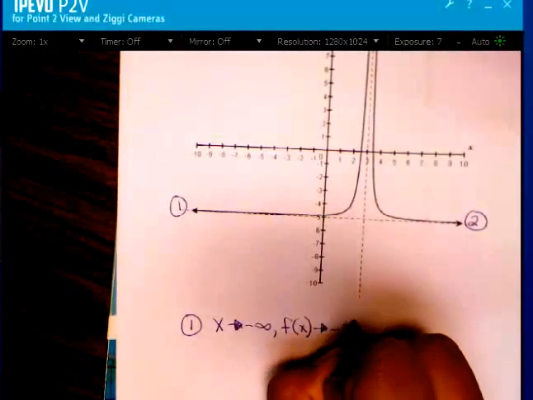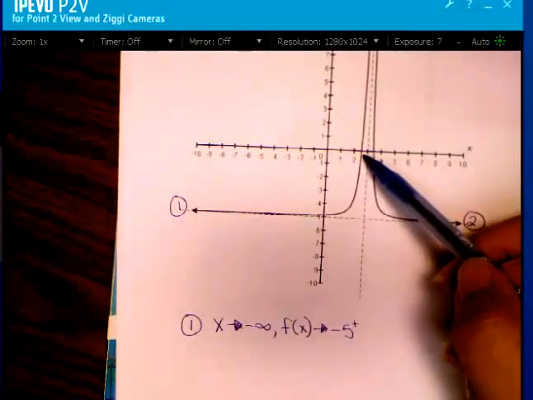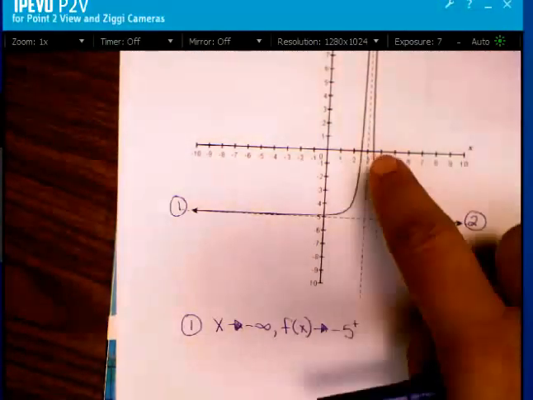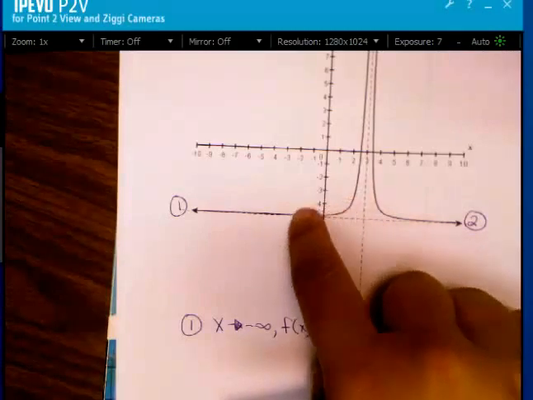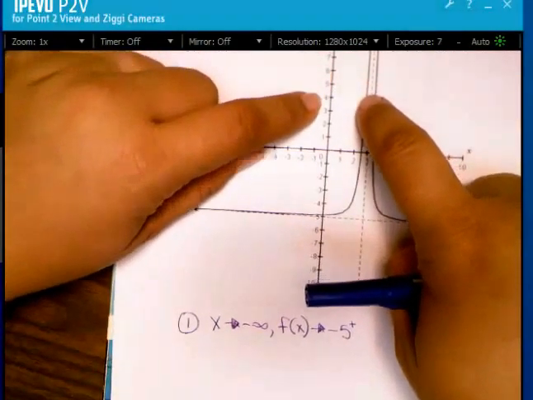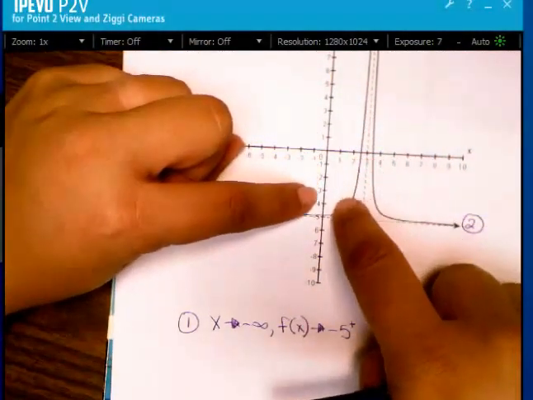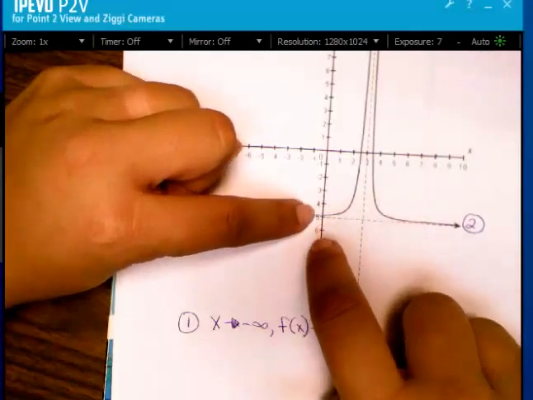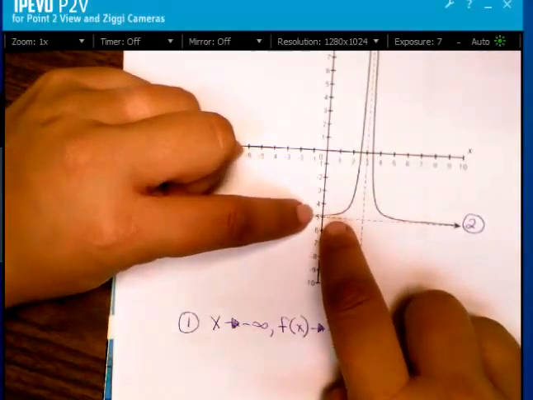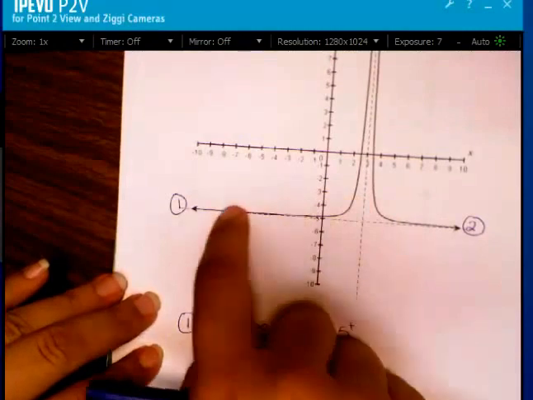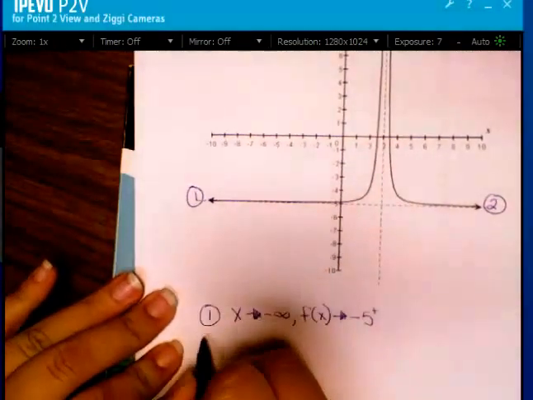So it approaches negative 5 from above. I'll say that one more time. As I follow this function out, you can see that as I come down, these y values get smaller and smaller, and it leads up to where it approaches negative 5 from above.